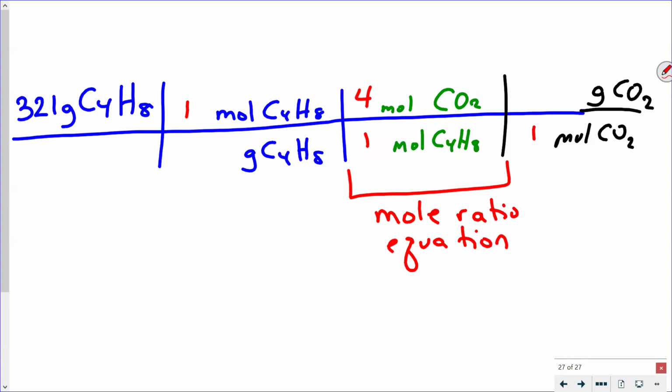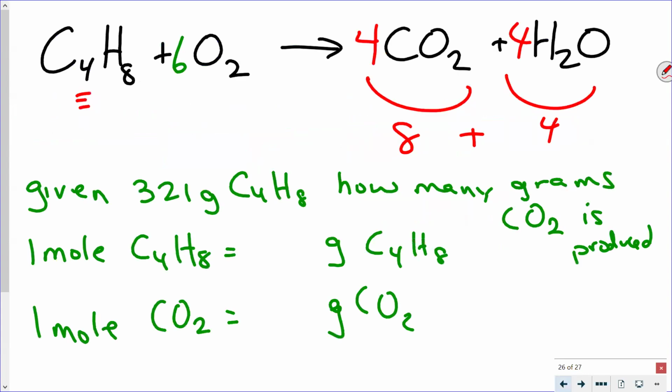And we saw over here, we have to find the mass of C4H8. And to do that, we need the periodic table. All right?